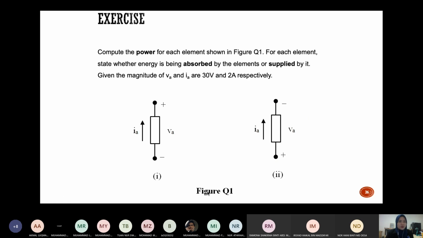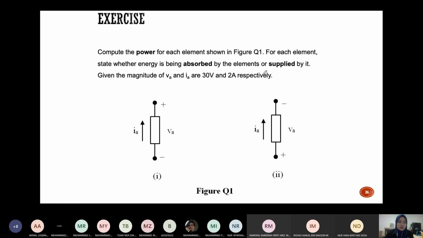Next we have an exercise. The question says: compute the power for each element shown in figure Q1. For each element, state whether energy is being absorbed or supplied by it. Given the magnitudes of VA and IA are 30 volt and 2 ampere respectively.